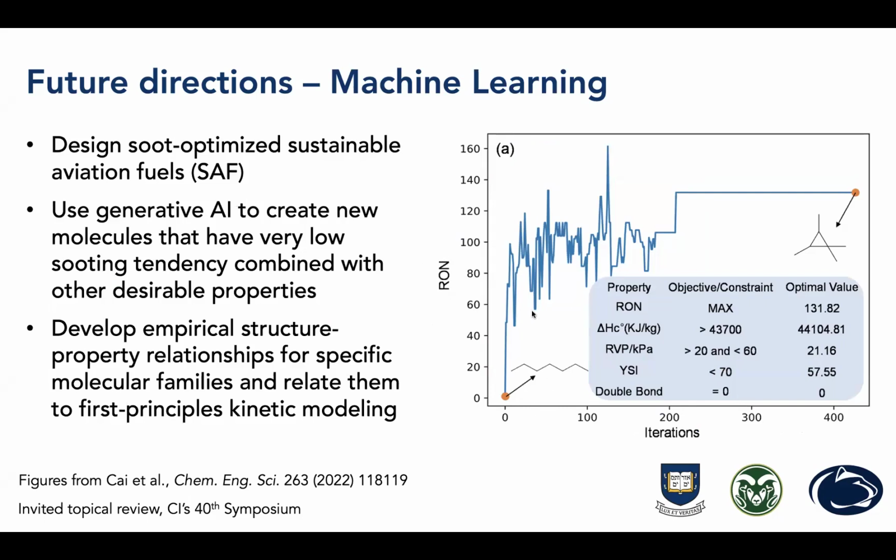The x-axis is the number of iterations, so the structure is perturbed and perturbed and perturbed. And finally, it gets to this strained ring compound. So you can develop empirical structure property relationships for similar molecular families and relate them to first principles kinetic modeling. And you can use generative AI to create new molecules that have low sooting tendency combined with other desirable properties.